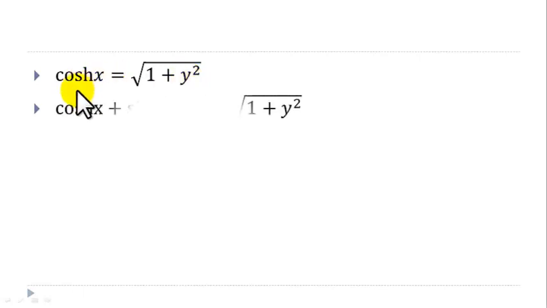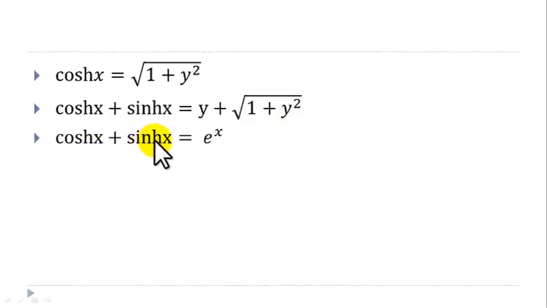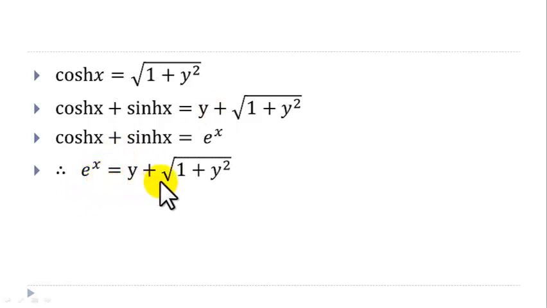But cosh x plus sinh x will give us y plus the square root of 1 plus y squared. Also, cosh x plus sinh x is equal to e to the x. Equating these two, we obtain e to the x is equal to y plus the square root of 1 plus y squared.